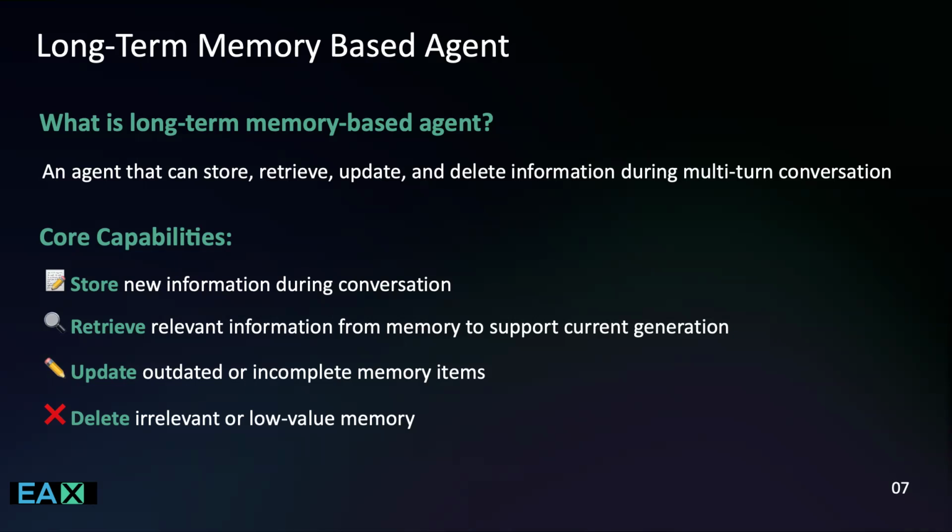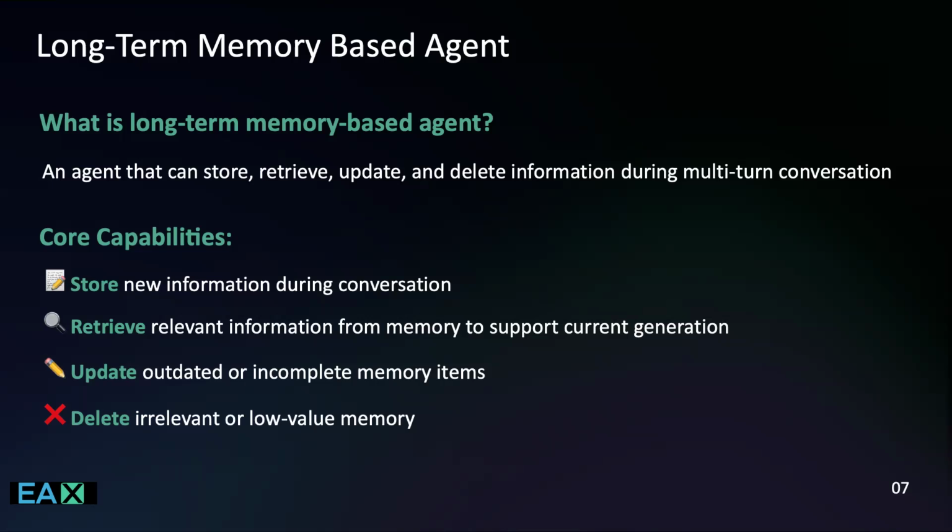There are some core capabilities of this agent. First, it can store new information during the conversation, which means that it will automatically add each text you input, and it will also retrieve relevant information from the memory to support current generation. It will also update outdated or incomplete memory items.